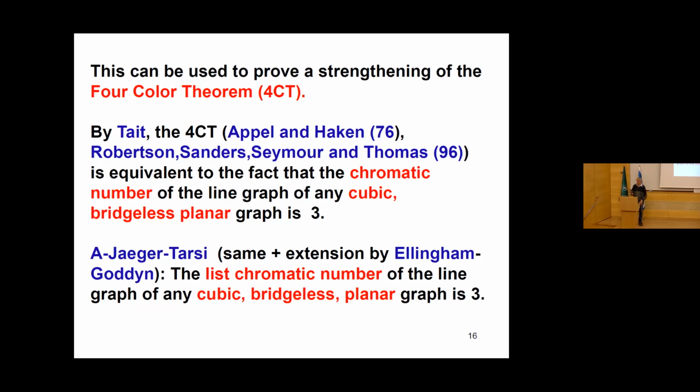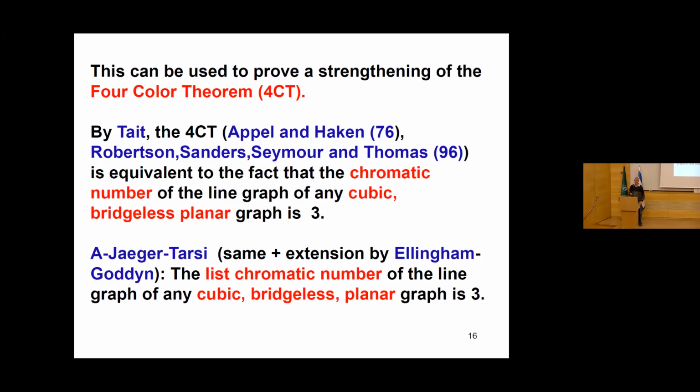In fact, the second proof by Robertson, Sanders, Seymour, and Thomas uses even more computer than the first proof. So it uses it for the two main steps, whereas Appel-Haken uses it only for one of the steps.